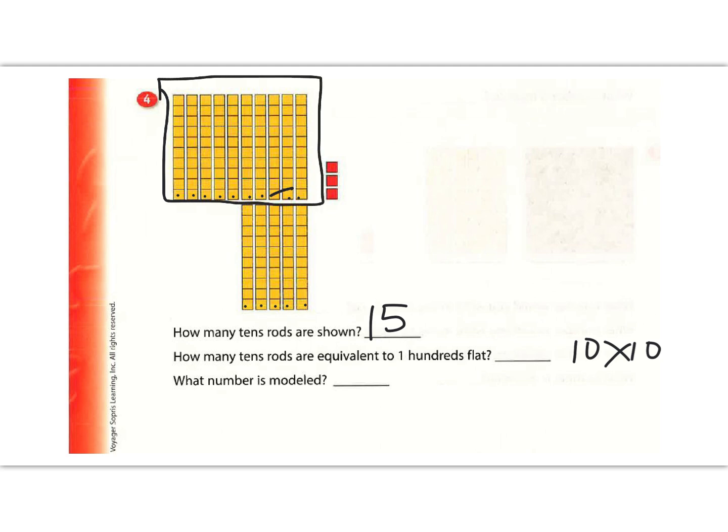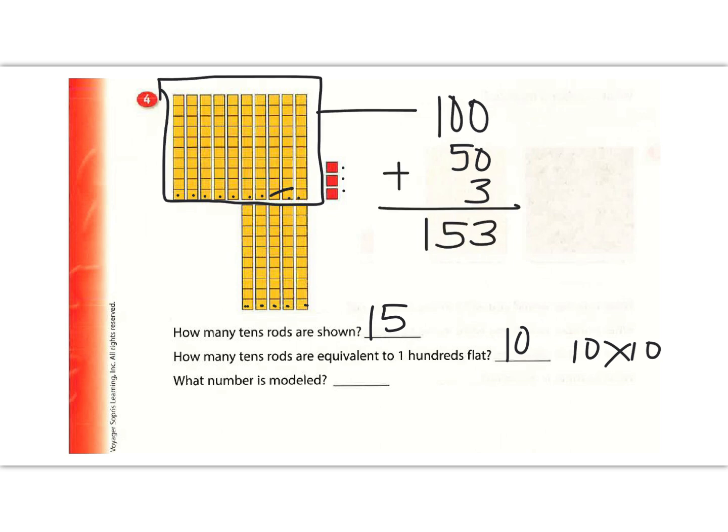So we would need 10 tens rods to make 100. So we know that that is 100. Then we have 10, 20, 30, 40, 50. And then we have 1, 2, 3. So if we add up all of those, we get 153.